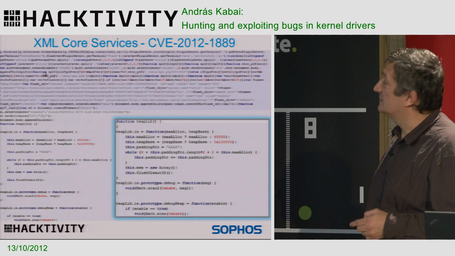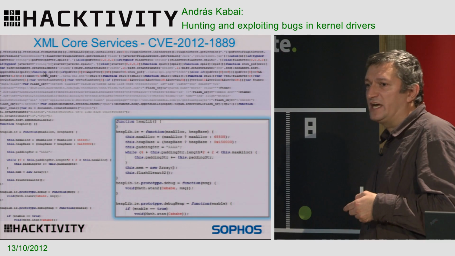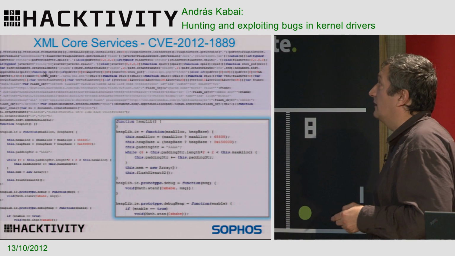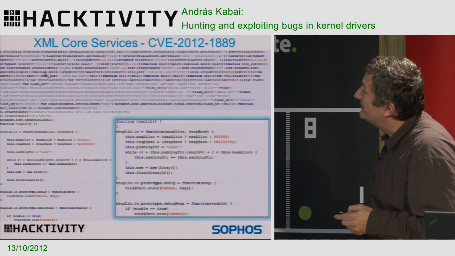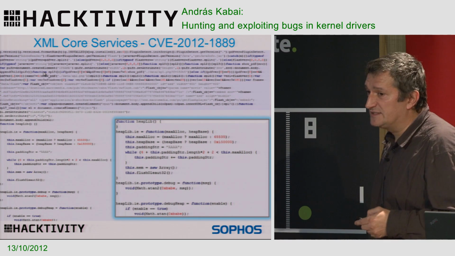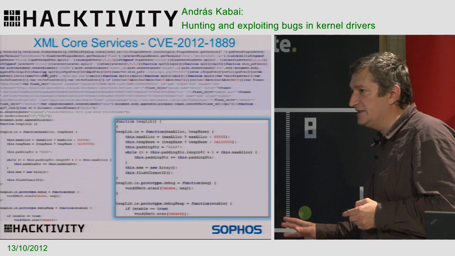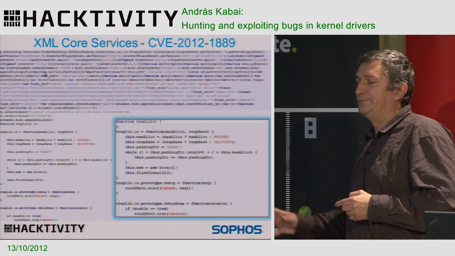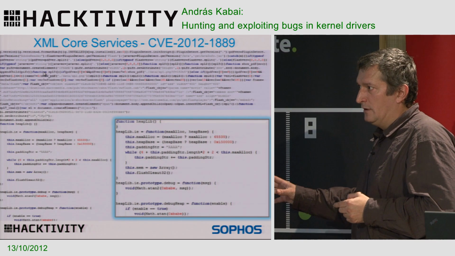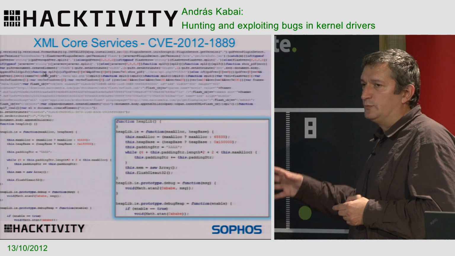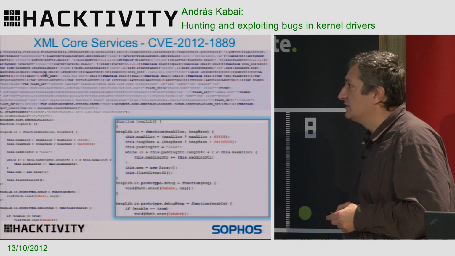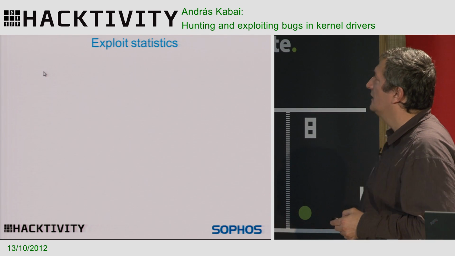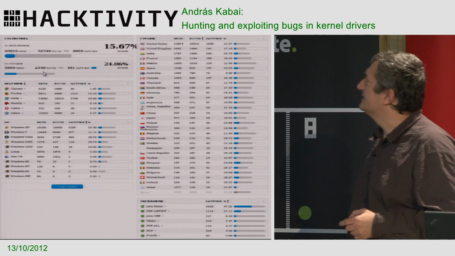If I compare it to the original Chinese published exploit code, which was published back in May, I could see that the variable names, the constants, the coding, and the indentation are exactly the same. So actually it was copy-pasted into Blackhole, I believe as a PR move, just to prove that it contains this vulnerability. So anyhow, let's take a look at the exploit statistics.